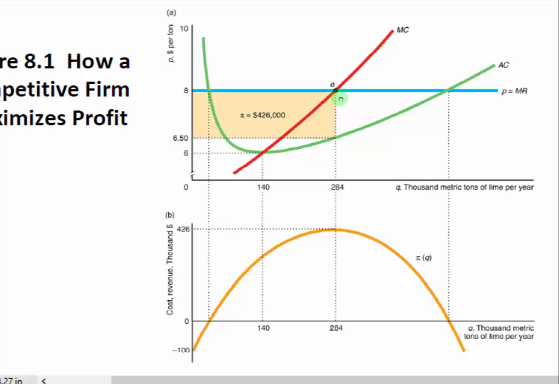So $1.50 times 284 units. Here the unit is actually 1,000 metric tons of lime per year. We know that the profit is $1.50 times 284,000. We have $426,000.